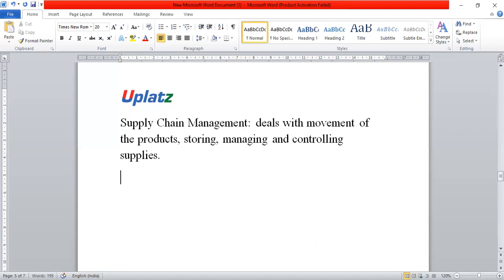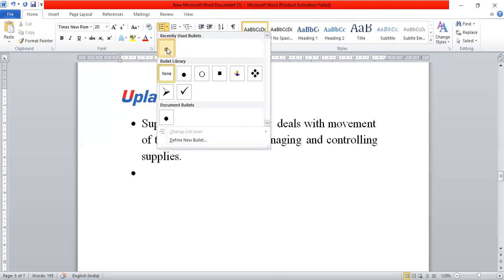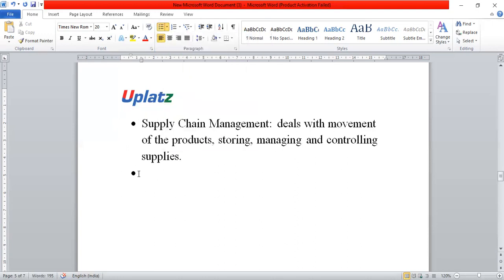Now, the last functional area is business intelligence.